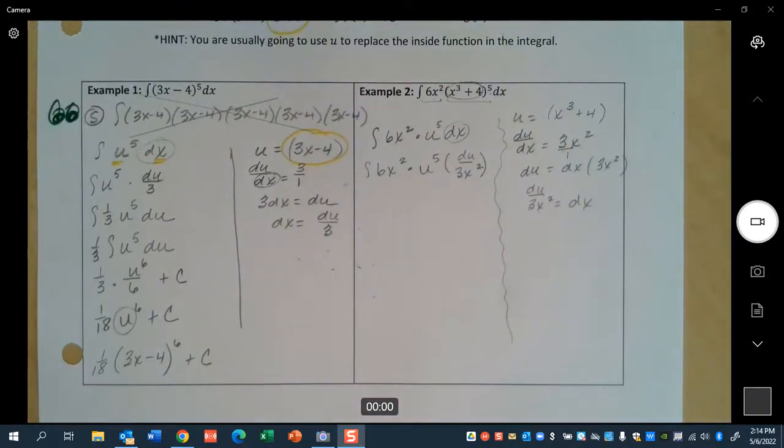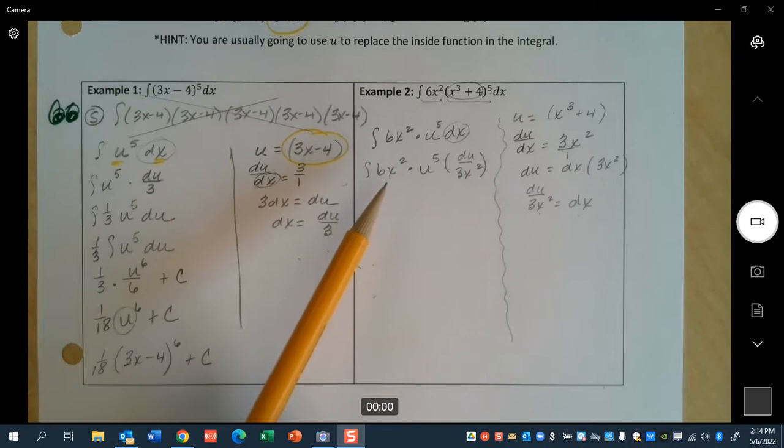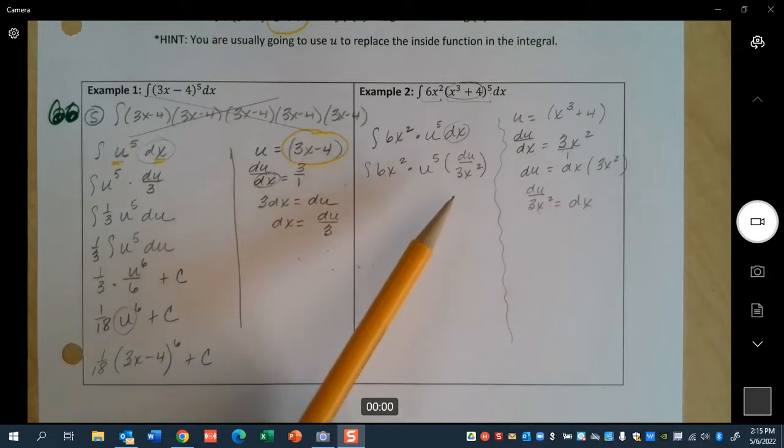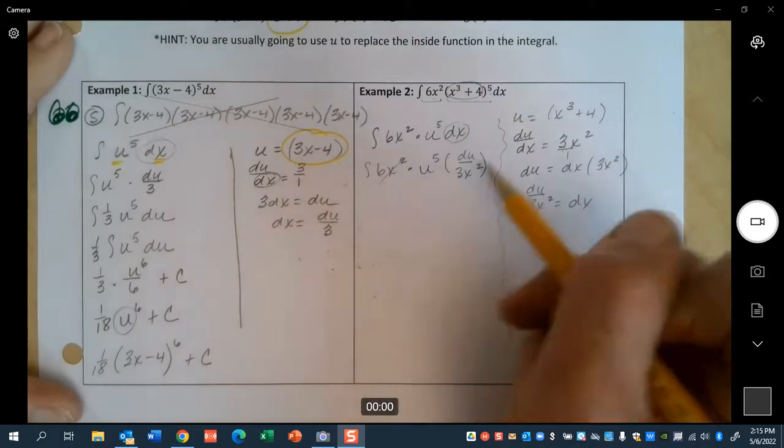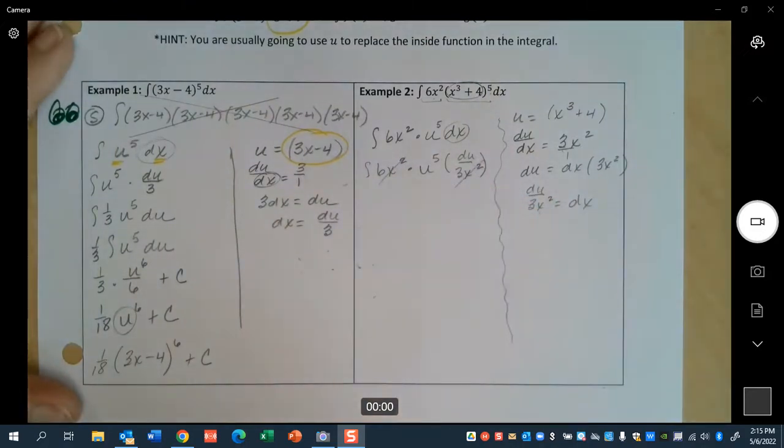So if you were nervous about this x squared, are you nervous about it anymore? What do you think is going to happen to that x squared? Yeah, it's going to cancel out with this part of the denominator. The ones that we give you are designed to work out.